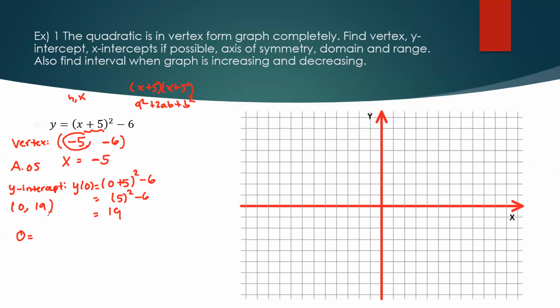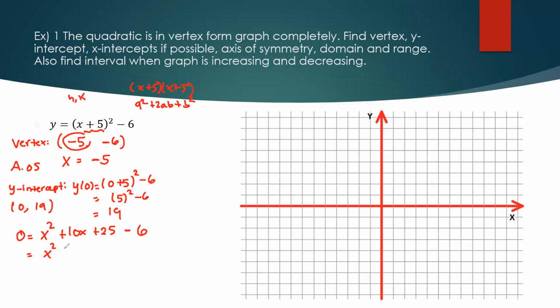So it's going to be x squared plus 2 times ab, which is 10x, and then b squared is 25. This is related to factoring, so I'm not going to go over the factoring rules. And then you have -6.